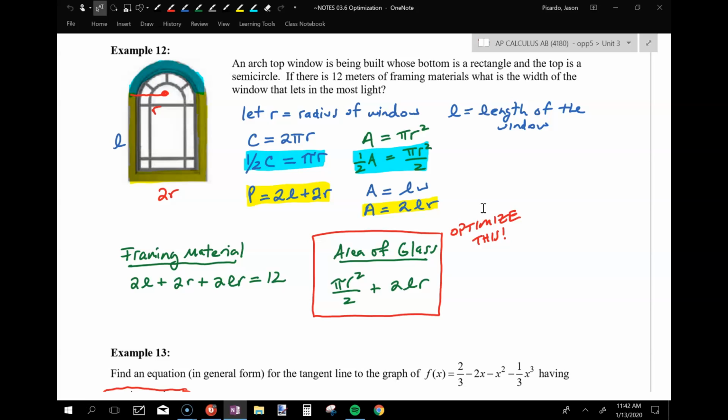So what do we know about the perimeter or the circumference? Circumference is equal to 2 pi r, right? Or pi times diameter. So I said, okay, great, let's call this the radius of the circle, okay? So that means that the amount of framing material that we need would be half of the circumference, right?